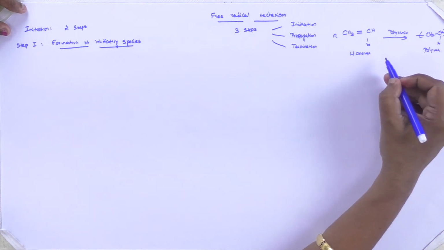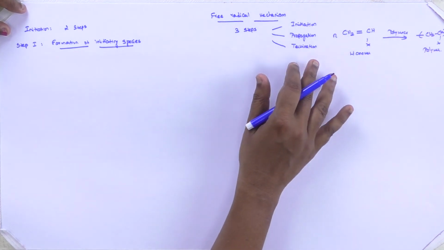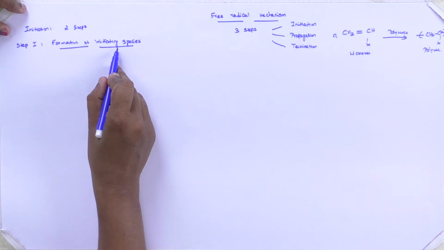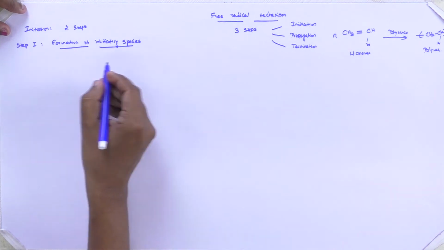We have already seen this example in the last classes as well as in the first session. So, step 1 is the formation of the initiating species, and this initiating species may be different.